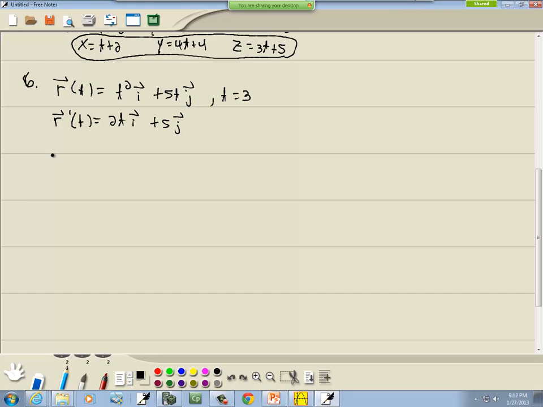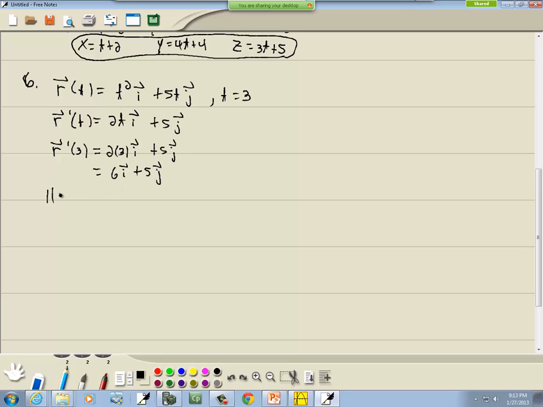And even though I said you don't want to plug in this number, with this shortcut I'm going to show you, it's really handy to do that. So let me go ahead and plug in that number. So we got 2 times 3i plus 5j. So we get 6i plus 5j.